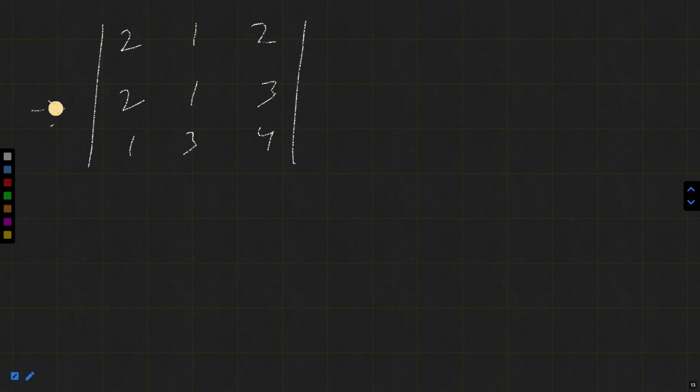What about this row? So for row 2, if you remember, row 2 means A21, A22, A23. If you wonder how we came to use plus here, minus here and plus here, this position is nothing but A11, this position is nothing but A12, this position is nothing but A13. Whenever the sum of the indices is even, so here 1 plus 1 is even, here 1 plus 3 is even, here it is odd.